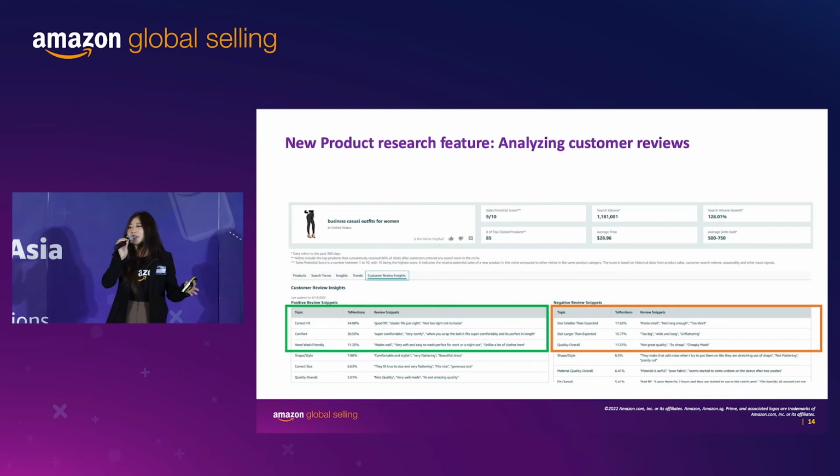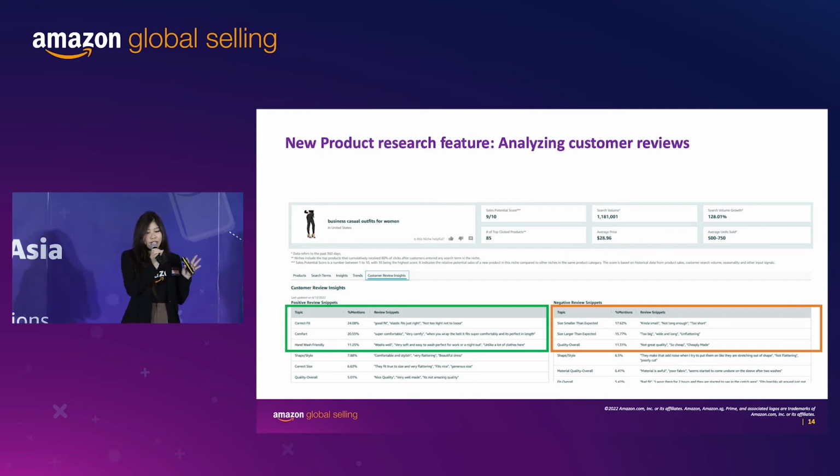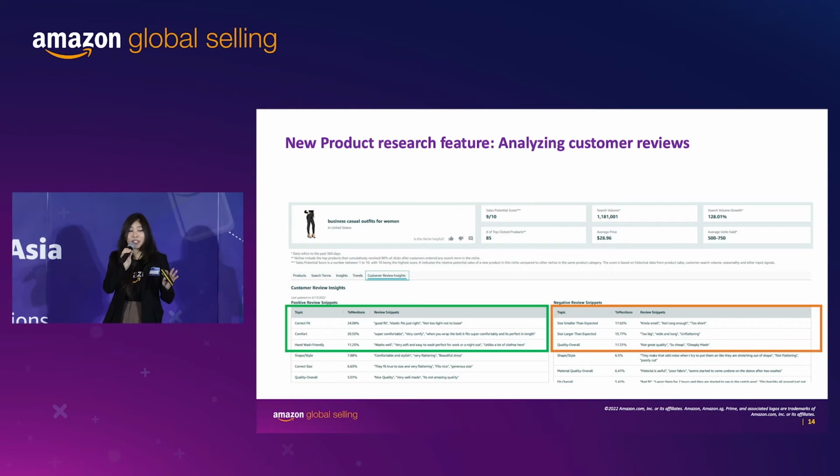So if you have previously spent hours and hours manually sifting through customer reviews to understand what should be improved versus existing products, in Amazon we have now brought customer reviews into Product Opportunity Explorer. Over here, we can save you hours of time by breaking customer review sentiments into positive and negative topics.